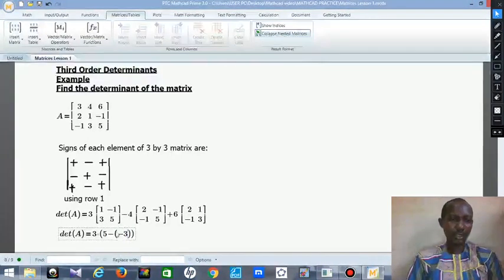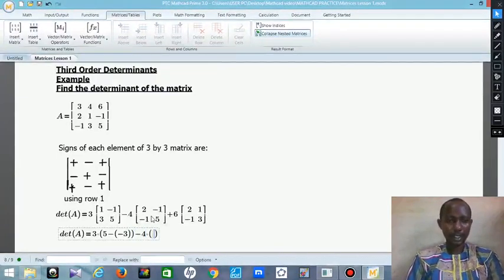So take notes. So we are solving this determinant, and this 2 by 2 determinant is what we are solving. So 1 times 5 is 5, minus 1 times 3 is minus 3. Then minus is always separating there. So that is for that determinant here. So we are now in this minus 4 row now. So minus 4, open bracket, 2 times 5.